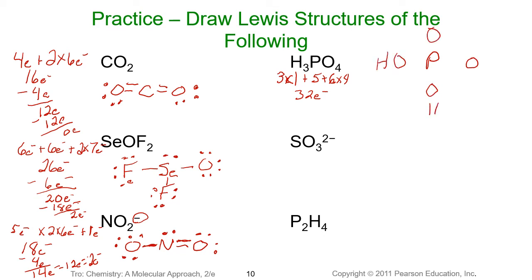And our hydrogens are connected to our oxygens, and we have to draw a single bond to each element. So that uses 2, 4, 6, 8, 10, 12, 14 electrons. We have 18 electrons yet to use. So we're going to start filling the octets on our oxygen.